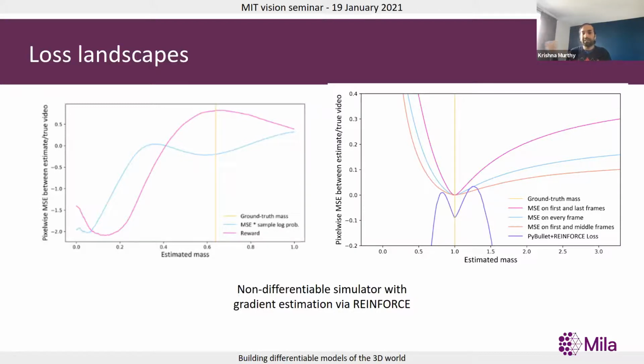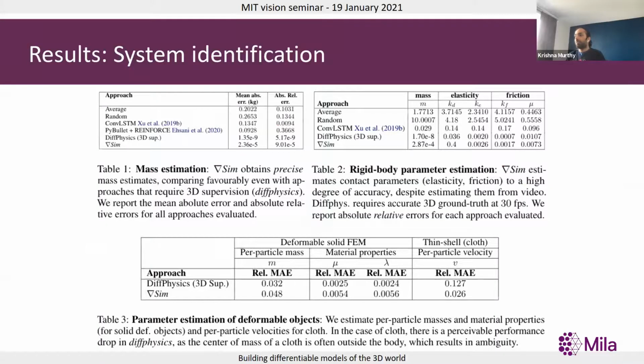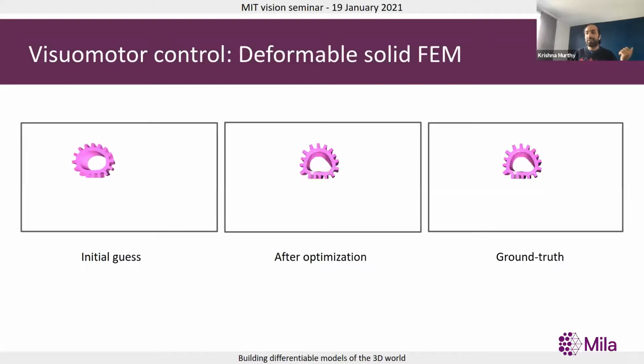It's a single scalar parameter, with estimation using REINFORCE. I'll skip over these tables because they're all in the paper, but they just say we do quite well, and I think it's worth reading them in the paper.